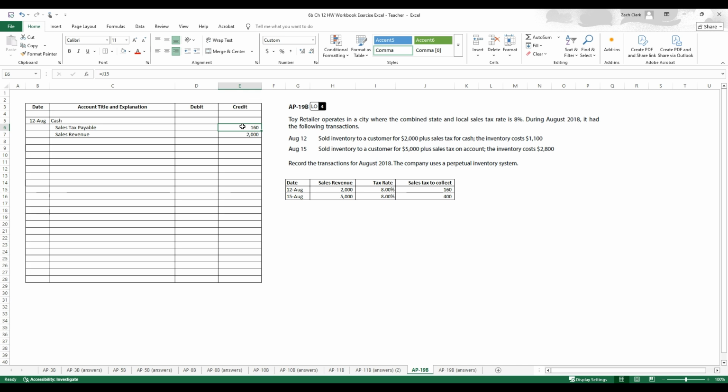It's in our bank account, for example, but we need to send this money to the government at a certain specified quarterly period or whatever the frequency is. And so the total cash that we collect is not the $2,000 just for the sale, but we have to collect the extra piece, the sales tax that the customer is paying. And we'll just say cash sale. Okay, and then that's our explanation there.